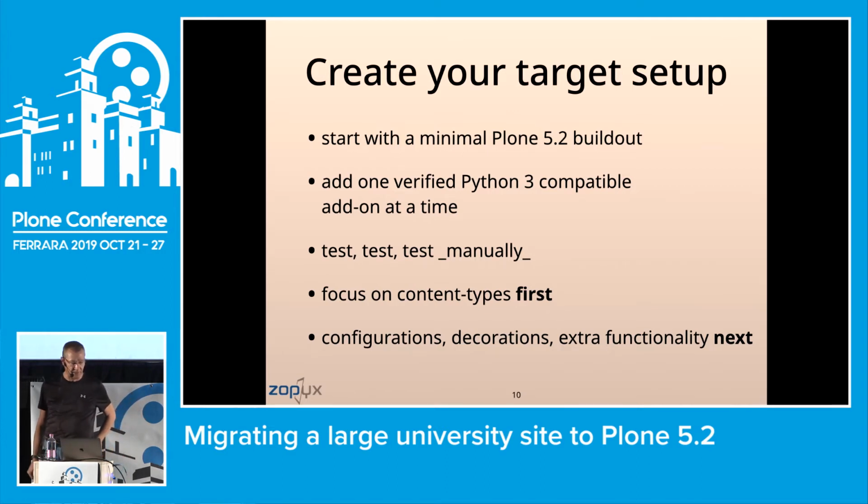We added all add-ons that were proven to be Plone 5.2 compatible and Python 3 compatible, and then incremented our buildout, so that in the first phase it would be what's needed for doing all the content migrations, and the second phase for taking care of configurations, decorations and extra functionality. Because when you're doing a migration, the first thing is that you want your old content to appear in the same way in your new site, and stuff like decorations, like portlets, is perhaps second or third priority.